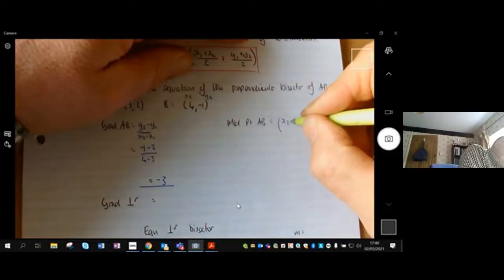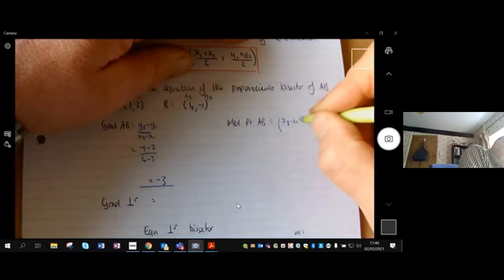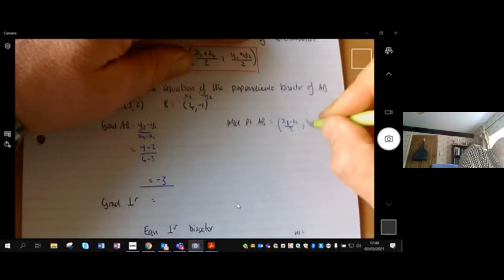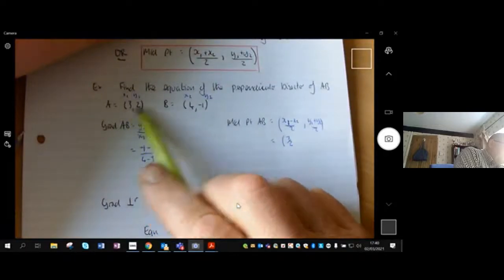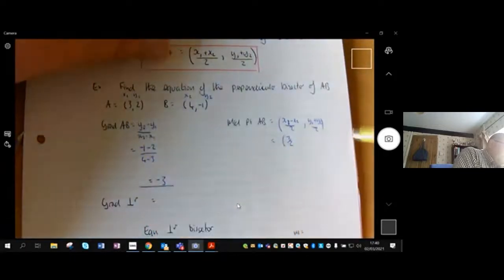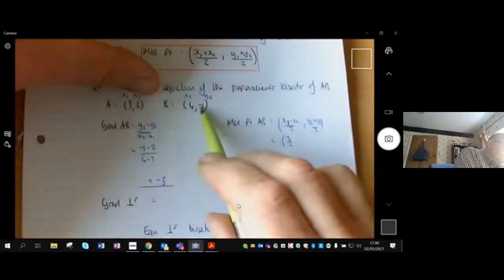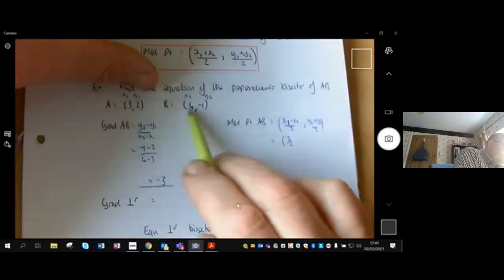The midpoint of AB, and again, is a formula, which is x1 plus x2 over 2, y1 plus y2 over 2, which is 7 over 2, because 4 plus 3 is 7 over 2, and 2 minus 1 is 1 over 2.